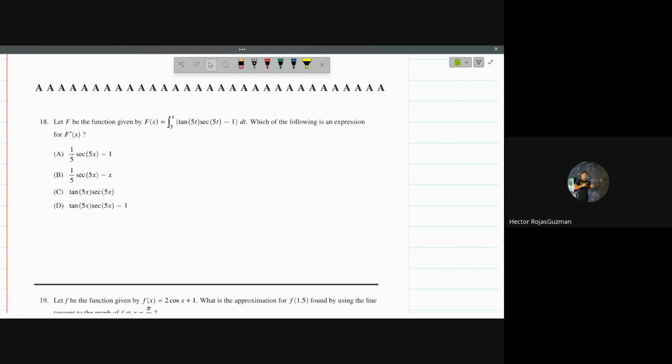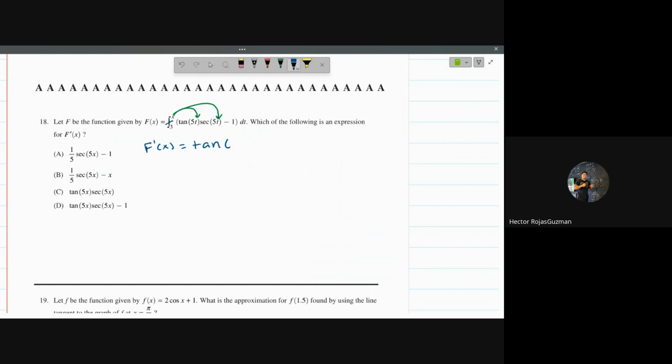Let f be the function given. Which of the following is the derivative? Pretty easy, guys. When you take the derivative, the integral cancels. And then you're going to have to plug in the upper limit of integration into all your functions.